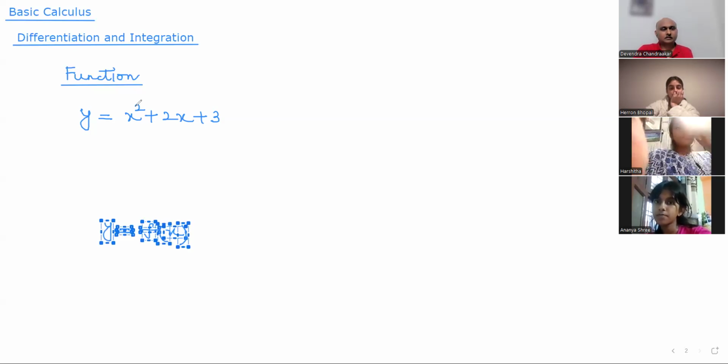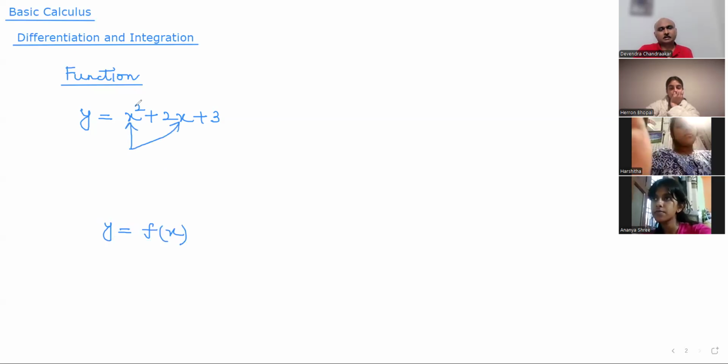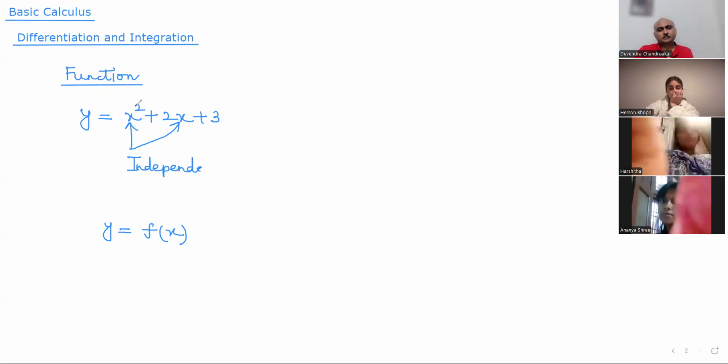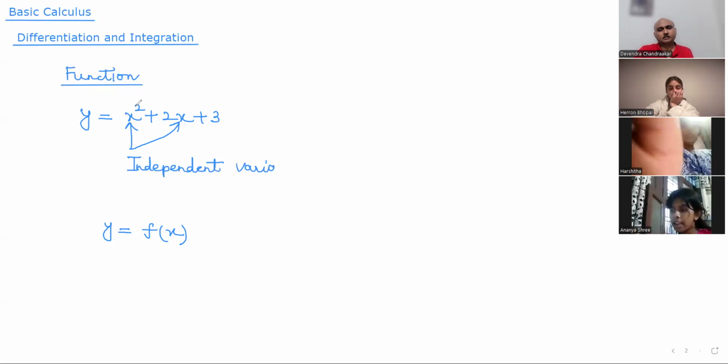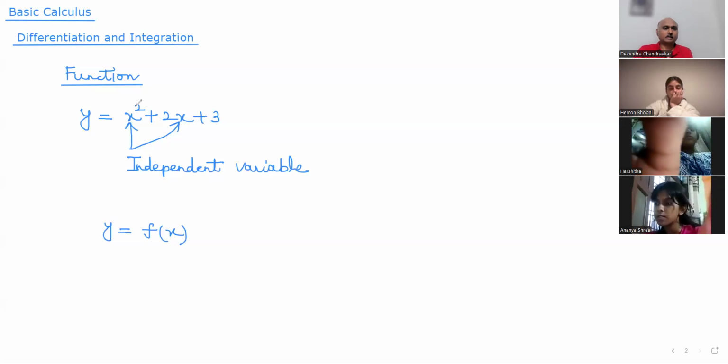Where x is, in both the cases, called an independent variable. X is an independent variable. And what about y?